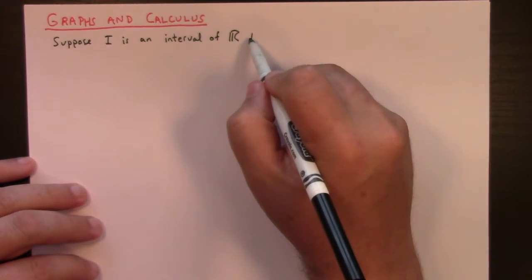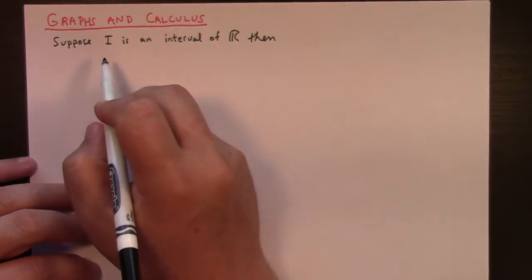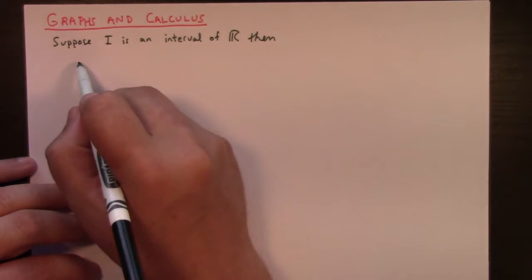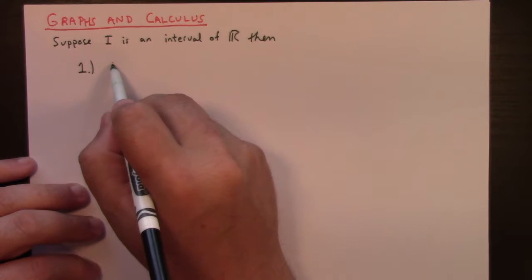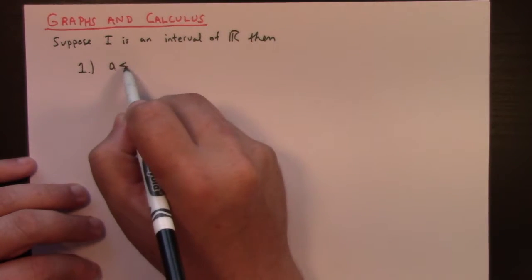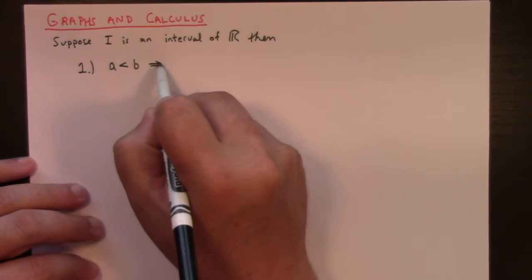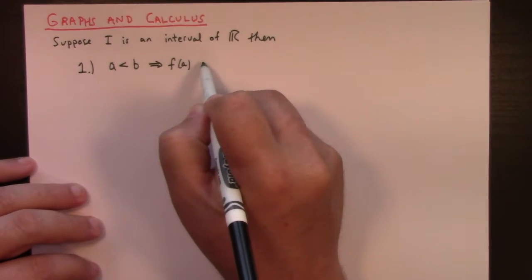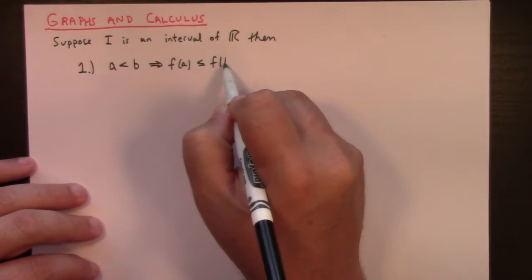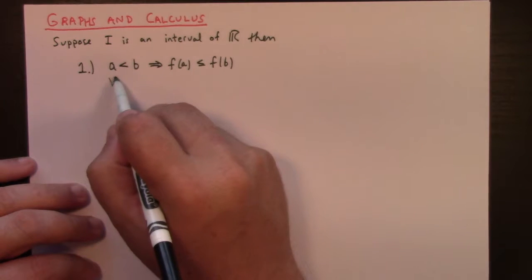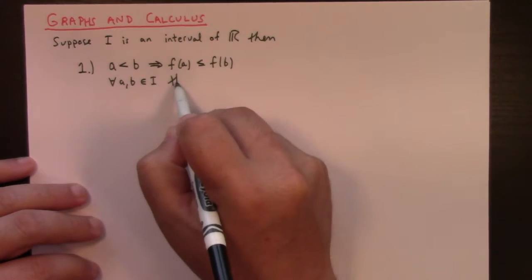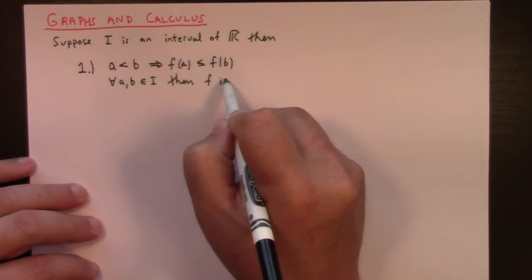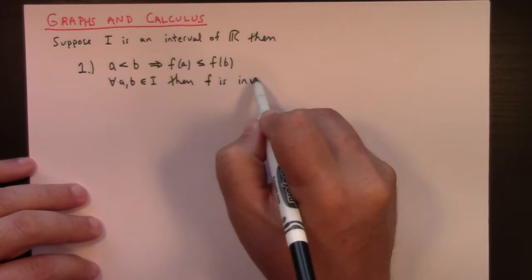Then we have some connections between, for example, if A less than B implies f of A less than or equal to f of B for all A, B in I, then f is increasing.